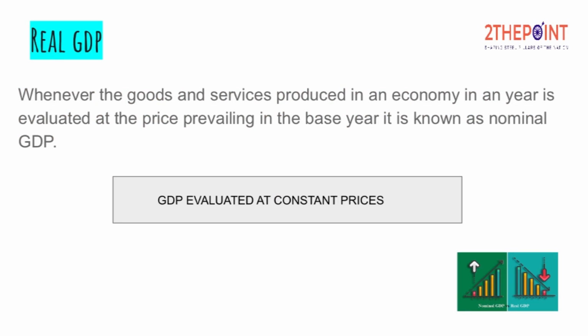Now we will understand what is real GDP. Real GDP is when the goods and services produced in an economy in a year are evaluated at the price prevailing in the base year.